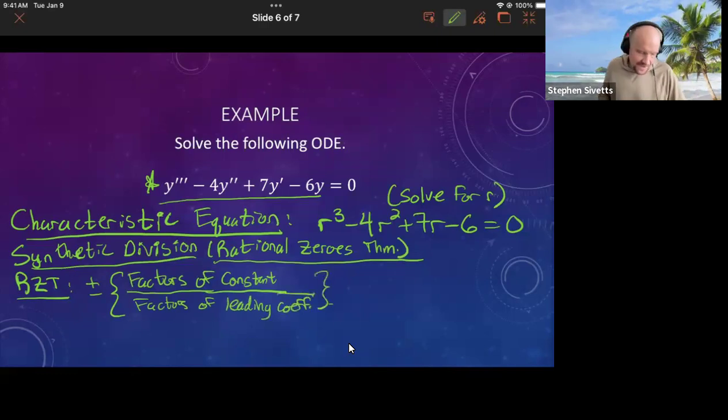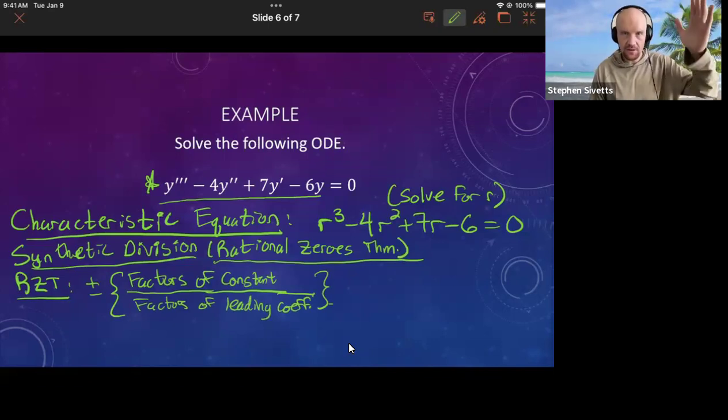So in a nutshell, that is the rational zeros theorem, right? So it's plus or minus the factors of the constant over the factors of the leading coefficient.